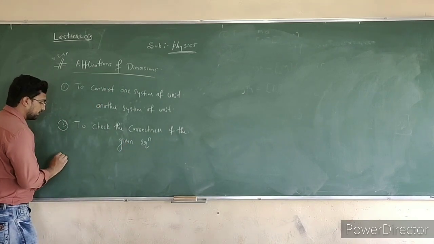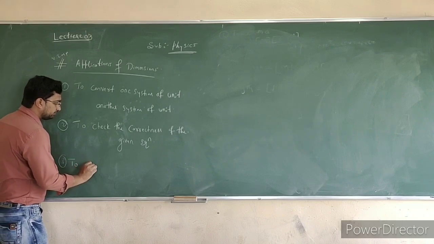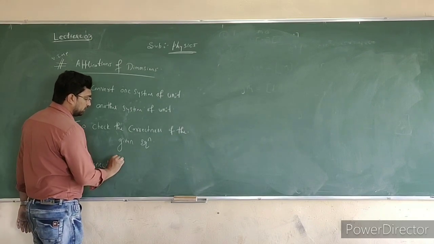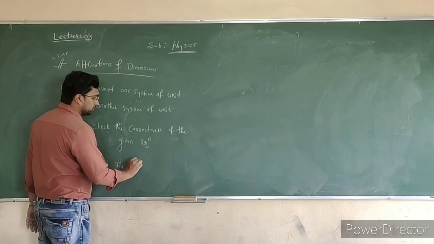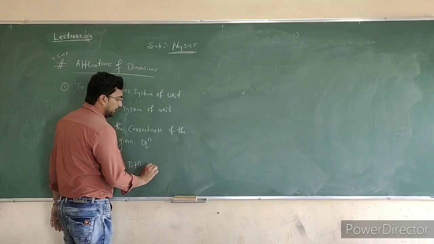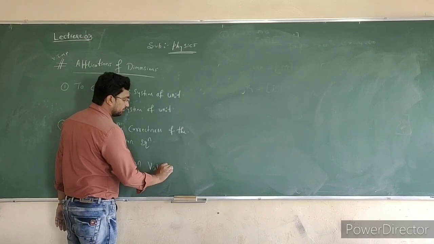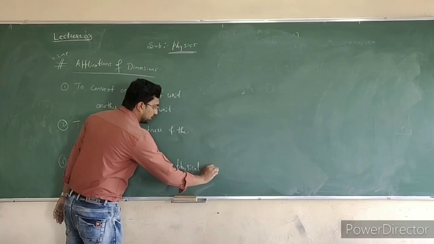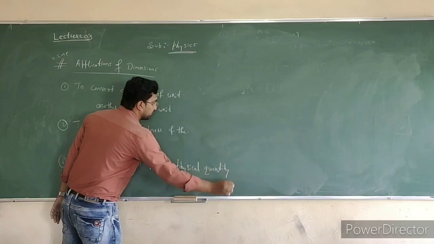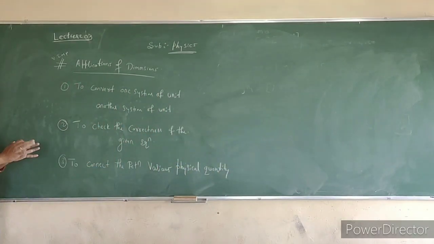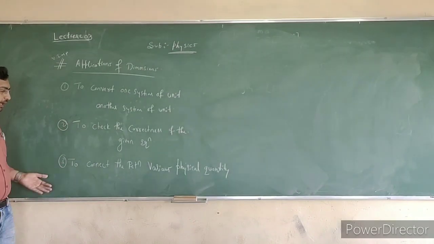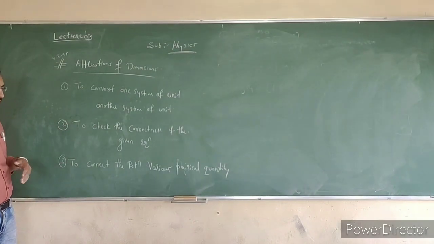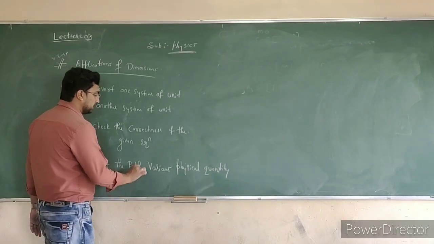And the third one is to connect the relation between various physical quantities. So these are the applications of dimension. The first one is to convert one system of unit to another system of unit, the second one is to check the correctness of a given equation, and the third one is to connect the relation between various physical quantities.